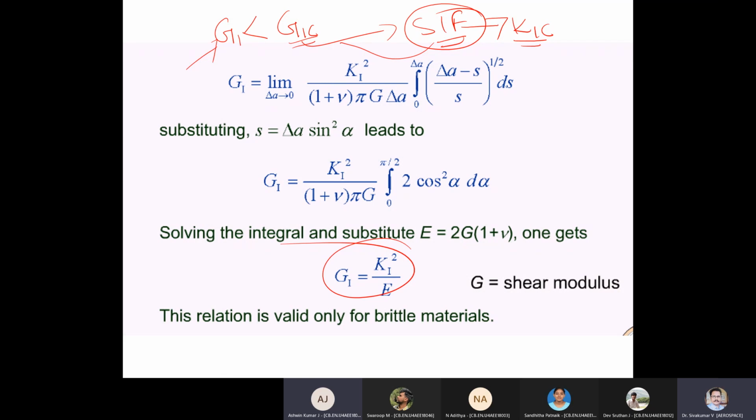Then for ductile materials, it will act differently. For ductile material, I don't come for G. I will straight away use K. K1 is compared with K1C. I told you, K1C is abundantly available for a material.